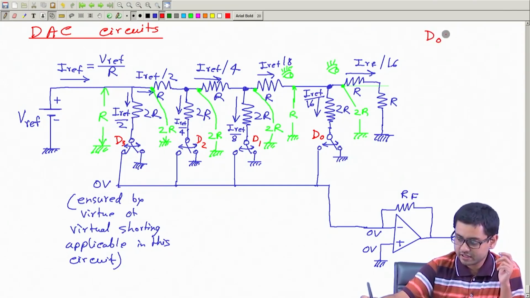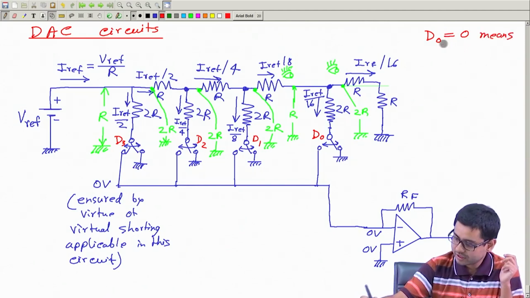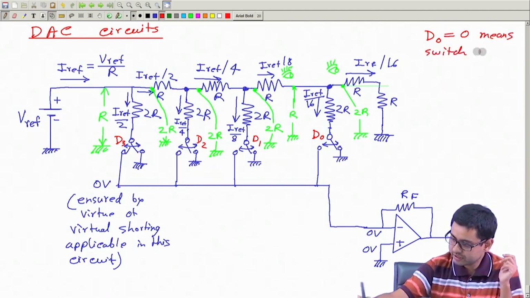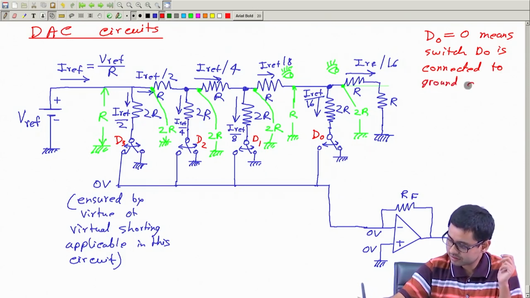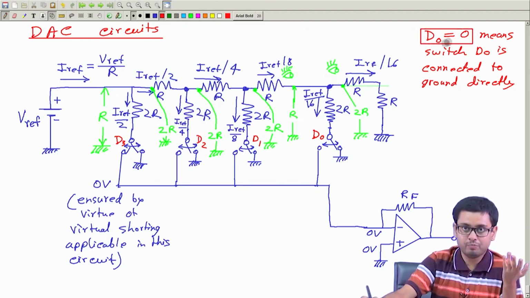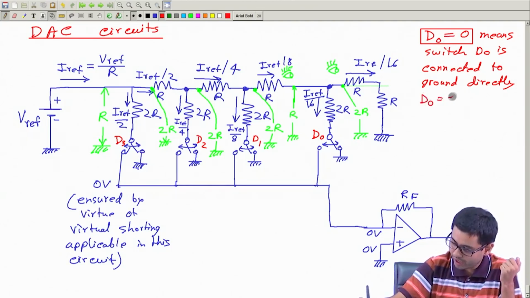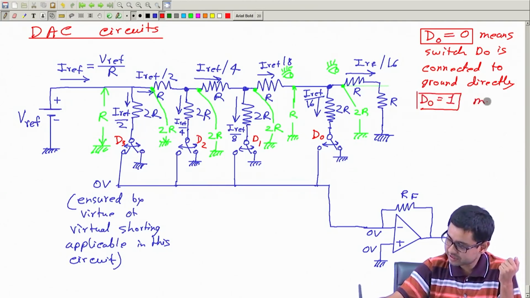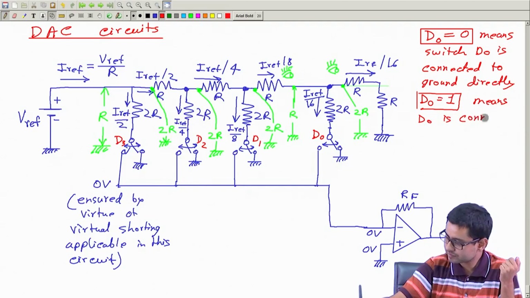With this symbol, if I write D0 equal to 0, it means switch D0 is connected to ground directly. And if I say D0 equal to 1, this means the switch D0 is connected to the op amp.